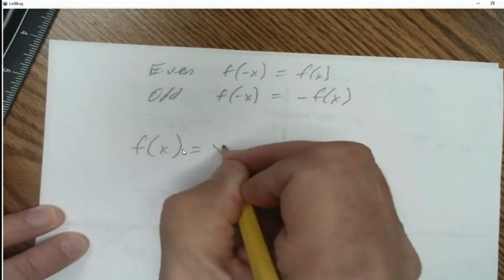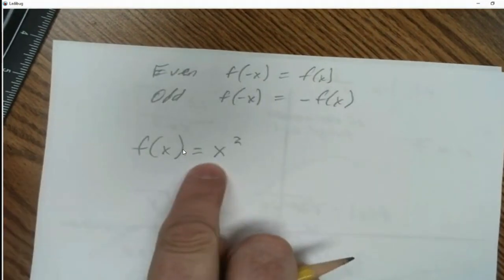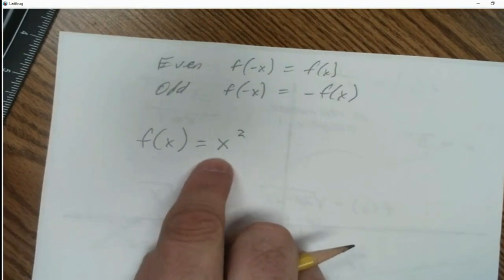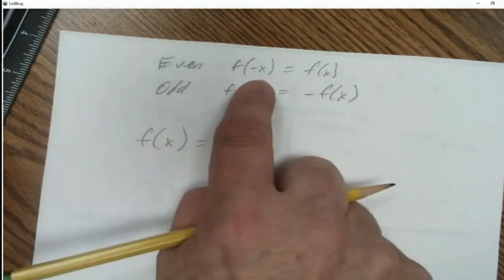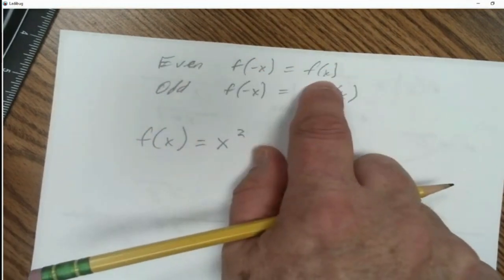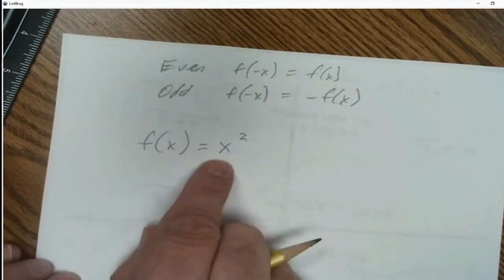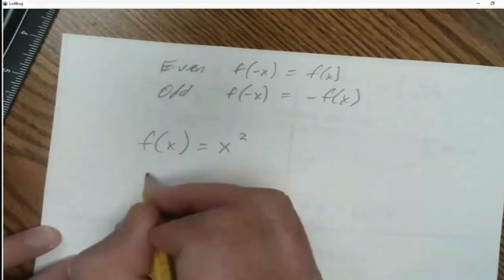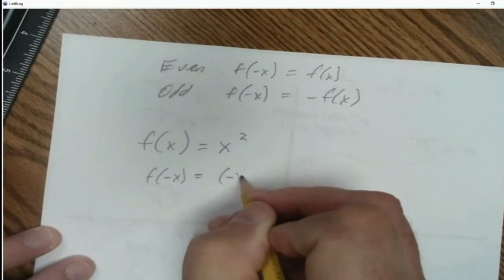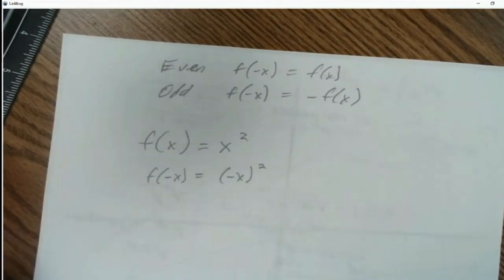Okay, we said this was one that was symmetric to the y-axis, which means it should be an even function. That means we should be able to substitute negative x into the equation, and it will end up exactly like the original equation. Here's the original equation. So let's substitute negative x in for x. So this will be negative x, squared.